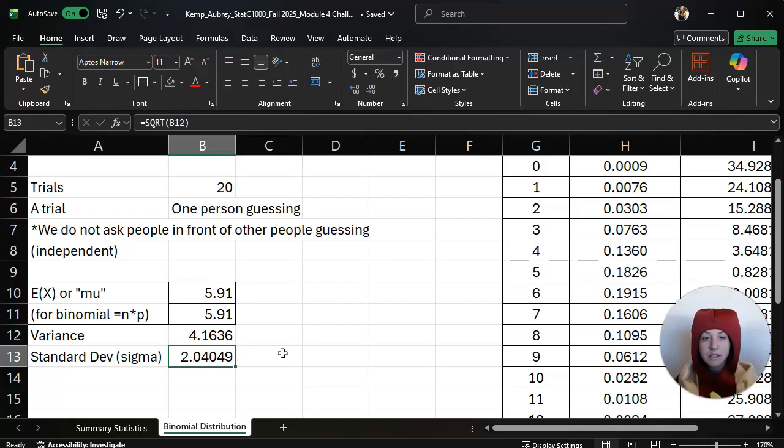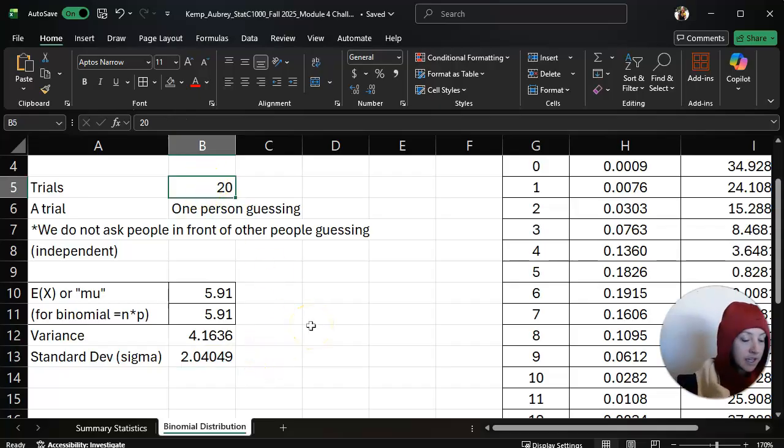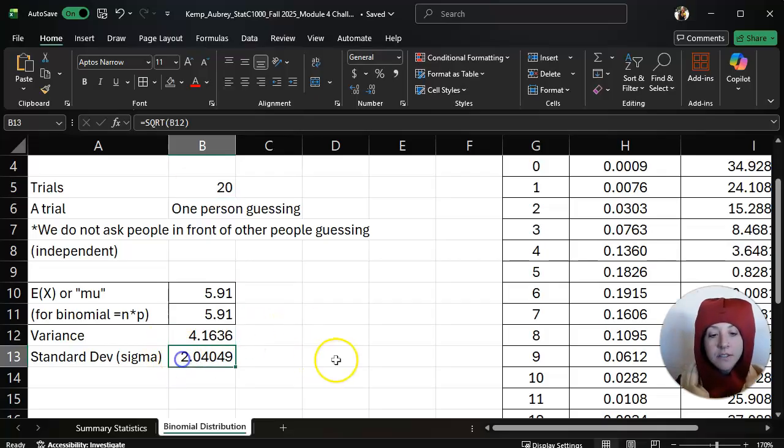So I want to point out what this means within context. This means on average, or within reason, if we're asking 20 people to make a guess as to how many candy corns are in here, and again, we're recording how many people are guessing within 100 of the real number, and that's 343. Okay, so within 100 of that value. What the standard deviation means is, within reason, we can use this as an upper bound and a lower bound to find common guesses.